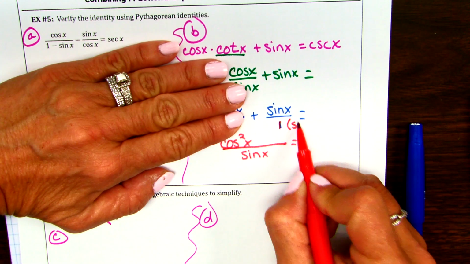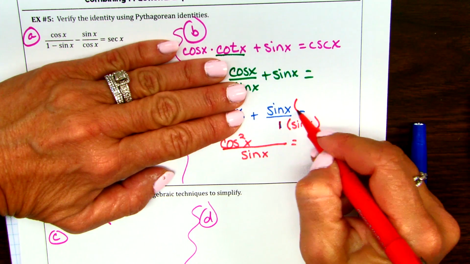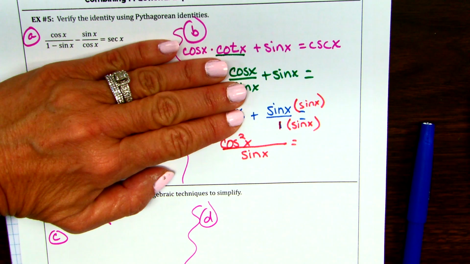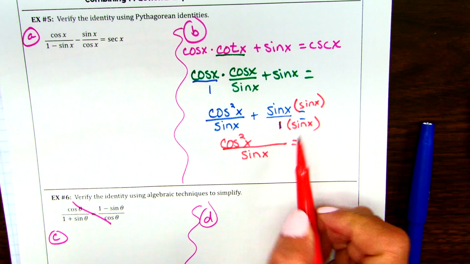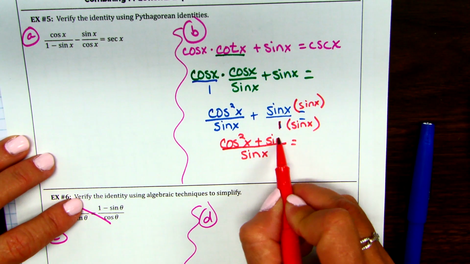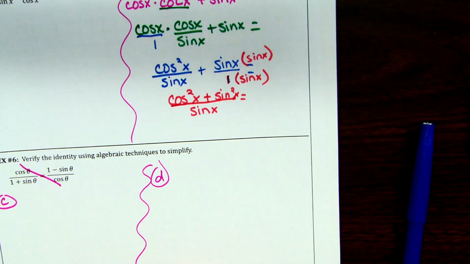Just like you would have done in any other fraction. And don't forget, what you do to the denominator, you have to do to the numerator. So now I have the correct denominator, and my new numerator of this fraction would be sine times sine, with a plus sign, which would be sine squared. Do we see something that can be simplified?